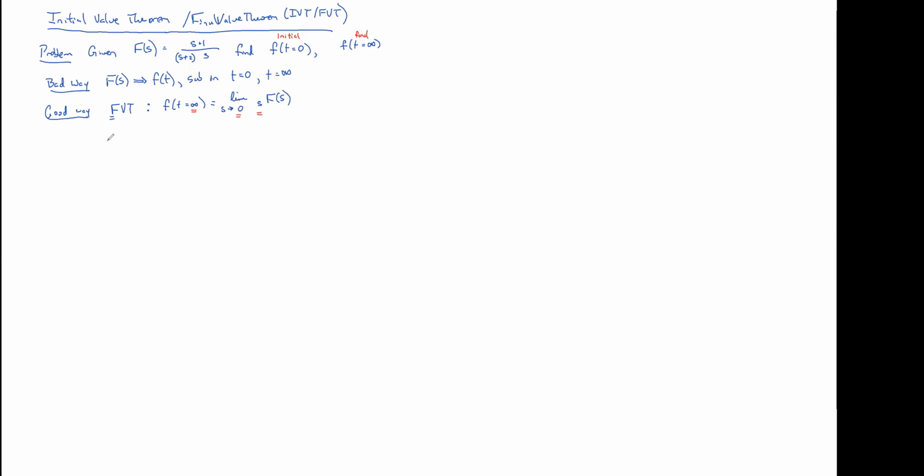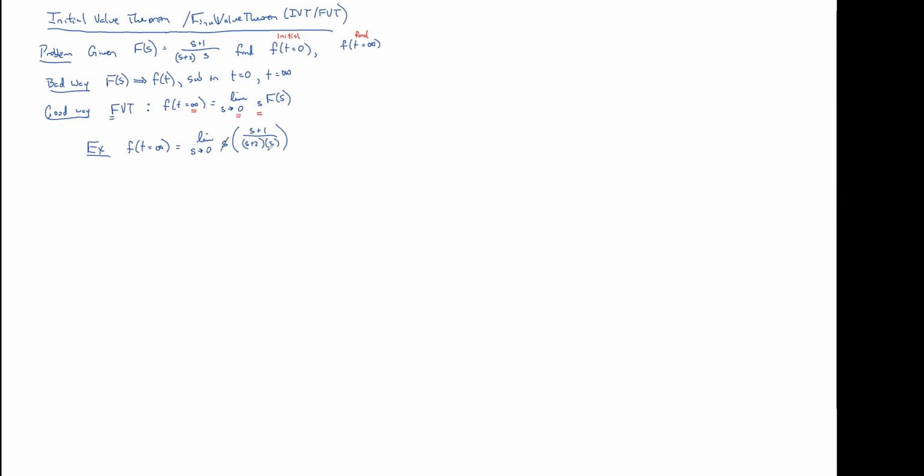Let me give a quick example. In the problem that I've given up on top, the final value theorem says it will be the limit as s goes to 0 of s times (s plus 1) over (s plus 2) times 1 over s.